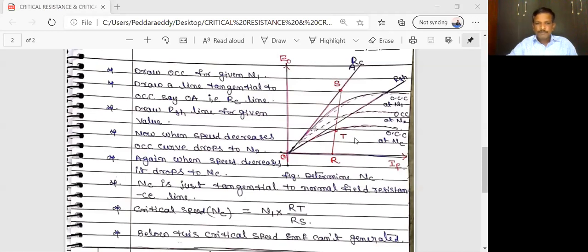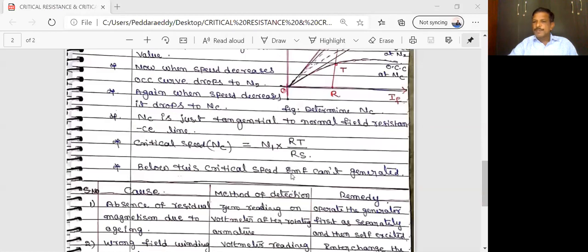So NC is just tangential to the normal field resistance line. This curve is called the critical speed curve, the NC curve.